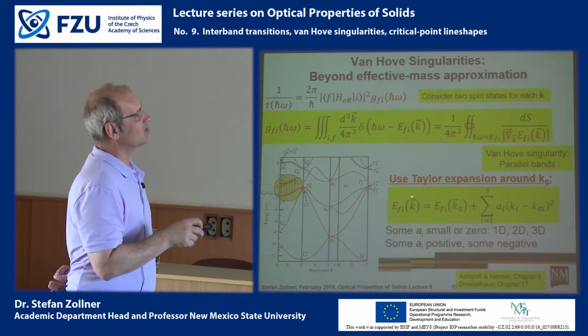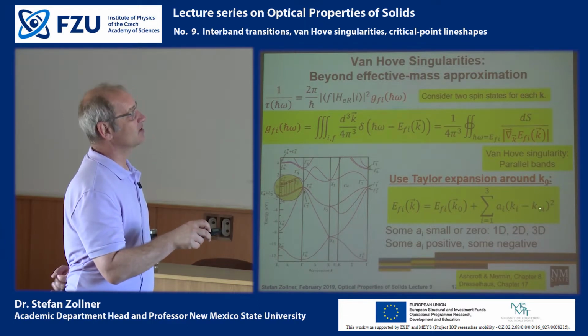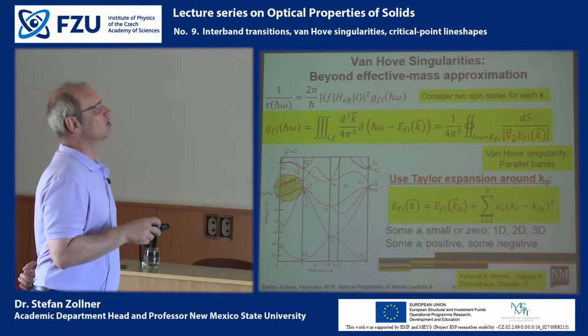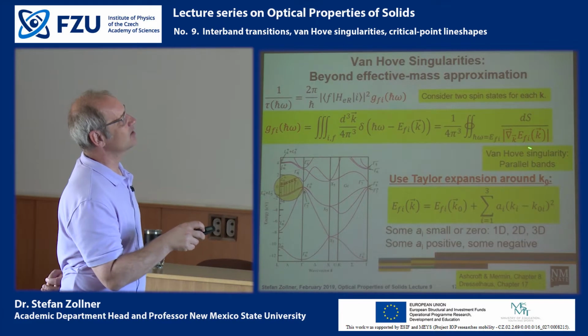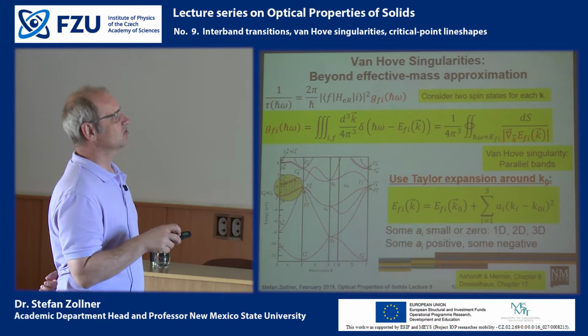And so the energy as a function of k is the energy difference at k0. And then we have this three-dimensional Taylor expansion where we only have a quadratic term. Why is there no linear term? The linear term is 0 because the gradient in k-space vanishes. So that's why the linear term is 0.